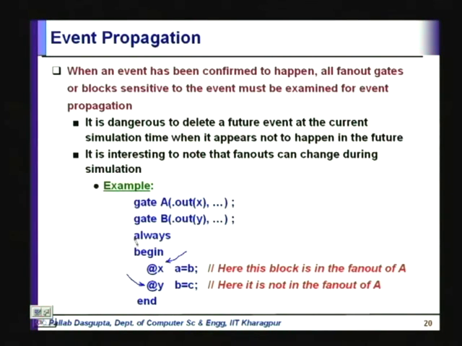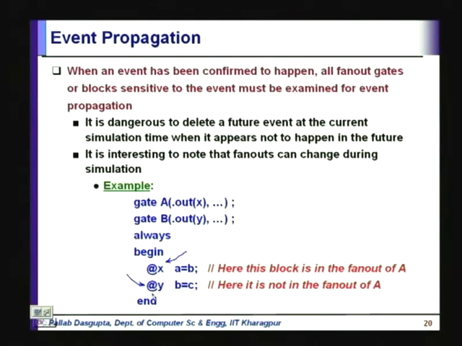So, you see the same always block will sometimes be in the fan out of gate A and will sometimes be in the fan out of gate B, right. So, dynamically the simulator will have to maintain this information. It also has to maintain the information about at which point in the always block the current control is, and therefore, what it is blocked on.